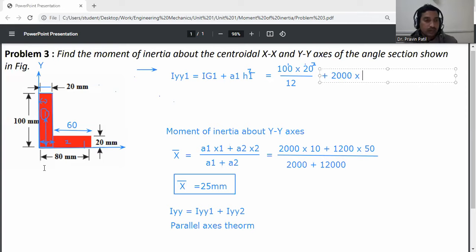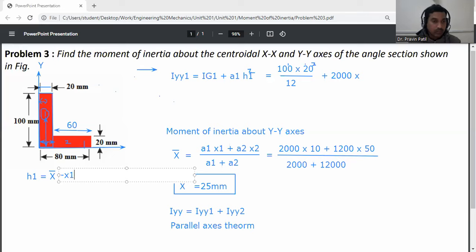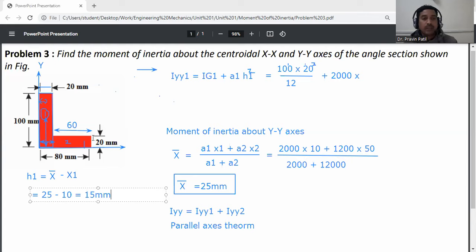Now H1 here is equal to x bar minus x1. x bar is 25 mm and x1 is 20 by 2, that is 10 mm. So this is 15 mm, 25 minus 10, so 15 square.